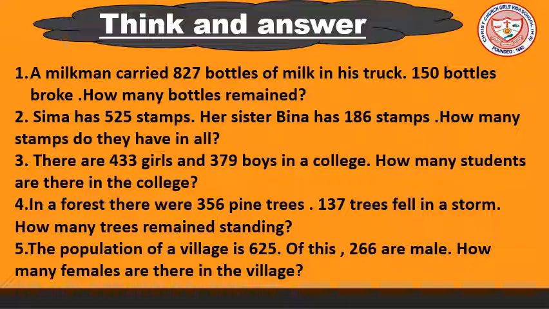Now children, this is the time for think and answer. So please try out the following problems at home. I'm very sure you all can do it on your own. Number 1. A milkman carried 827 bottles of milk in his truck. 150 bottles broke.